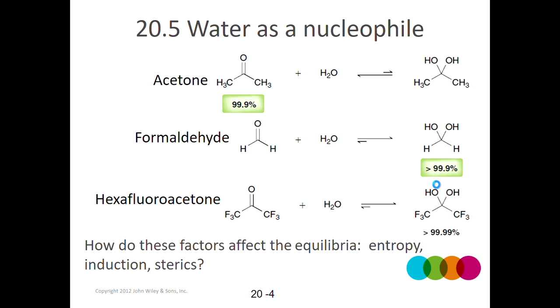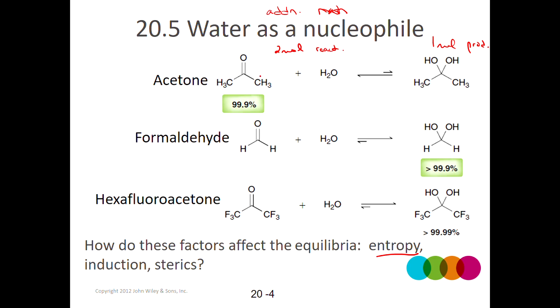So the one factor that's very important here is entropy. We know that in each one of these examples there are 2 moles of reactants and 1 mole of products, which basically means that we're combining these two and joining them together. It's an addition reaction. We're doing nucleophilic addition across a carbonyl.